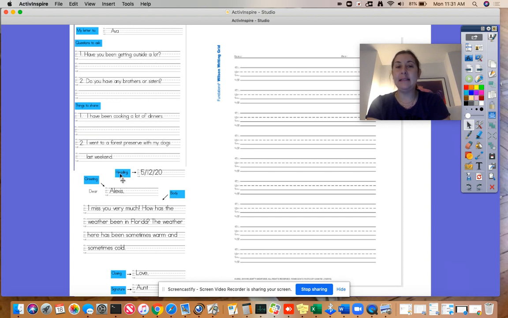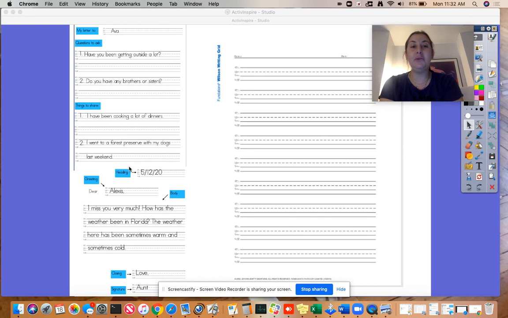And on this sheet, you can see that all of the parts of the friendly letter are labeled. But today, we're going to make things a little bit trickier because you're going to be writing on either a sheet that looks like this or just a blank sheet of paper. So you're not going to have the labels on the paper to use. However, if you want, you can still look at the sheet that you used before to help you with the labels. Okay?